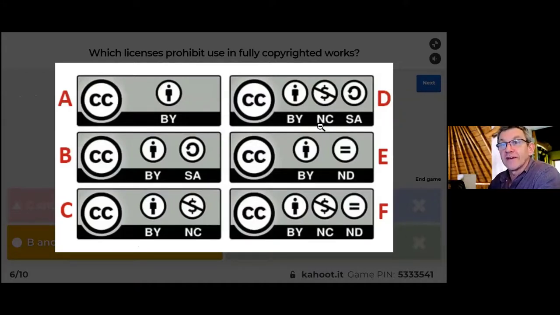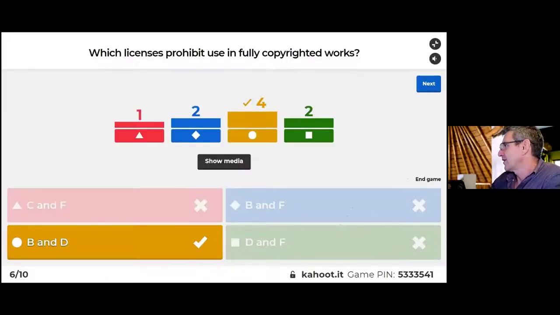You would have to go look for something else. You could use this one in a fully copyrighted textbook, or actually any of the others. Well, maybe not the NC because of copyright. No, sorry, non-commercial. Textbooks, you're going to sell them, so that could be a problem. All right. Nice. Well done.